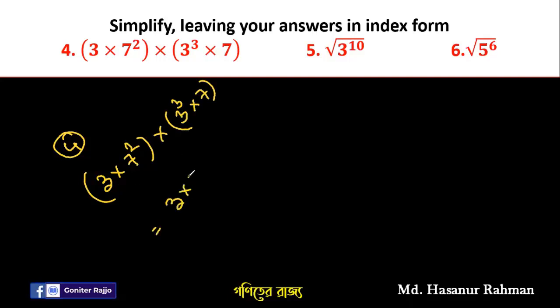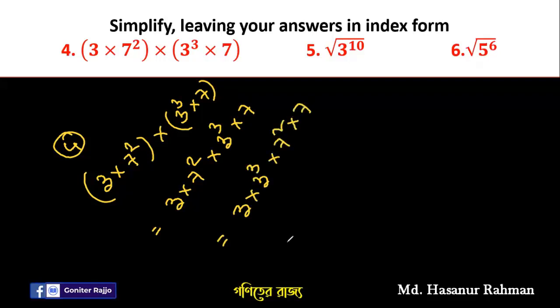So 3 multiplied by 3 cube multiplied by 7 square multiplied by 7. Here we can write 3 to the power 1 plus 3, because the bases are the same, multiplied by 7 to the power 2 plus 1. So 3 to the power 4 multiplied by 7 cube will be our final answer.